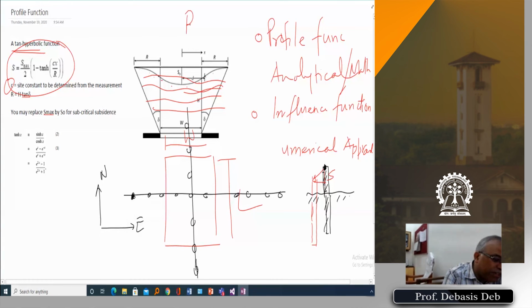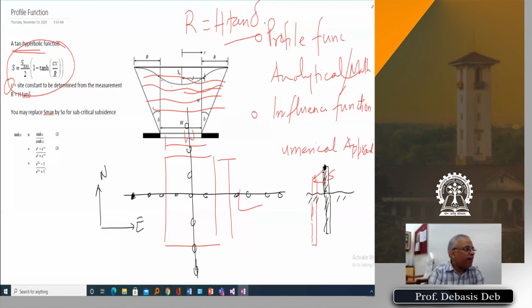R is your tan H tan delta, where delta is the angle of draw. So we already know the R. What we have to know is the C, and C will be known when we plot this graph and fit it or estimate it using this tan hyperbolic function.